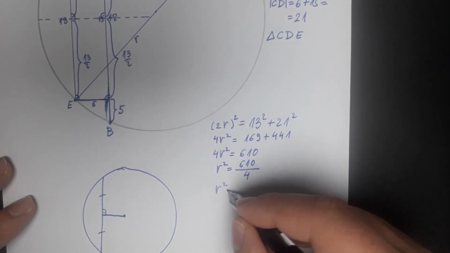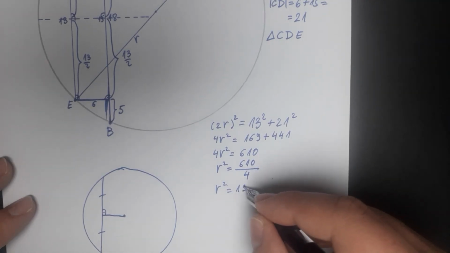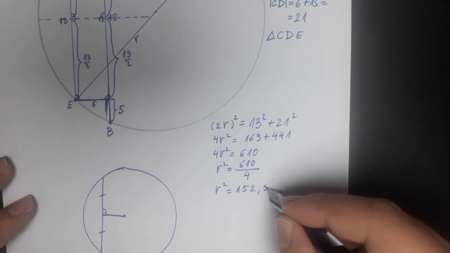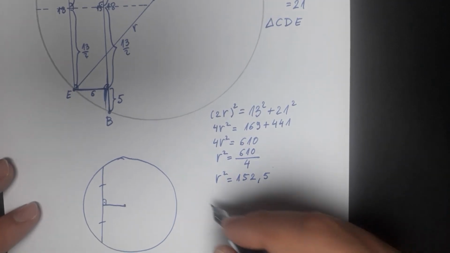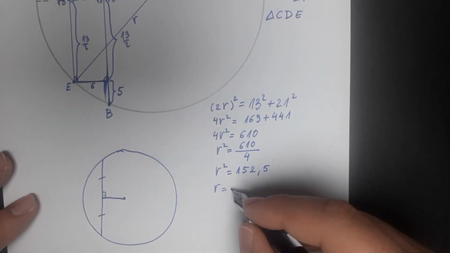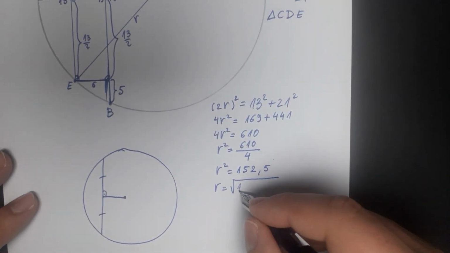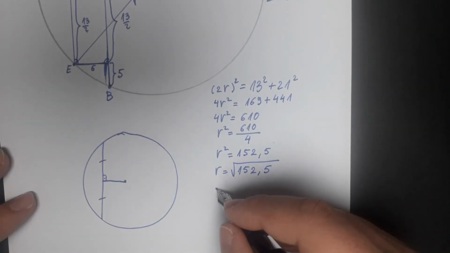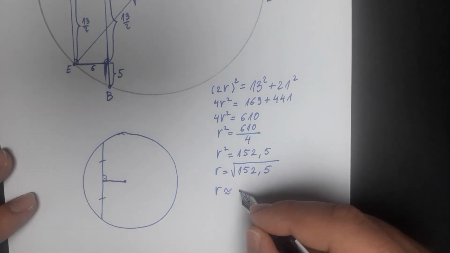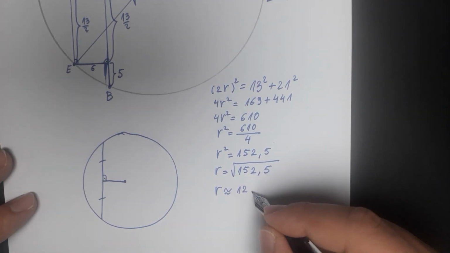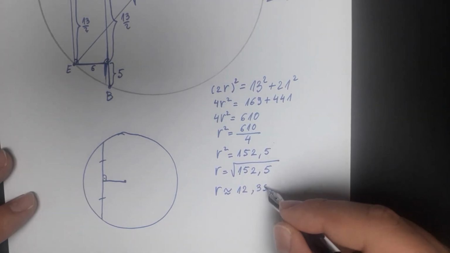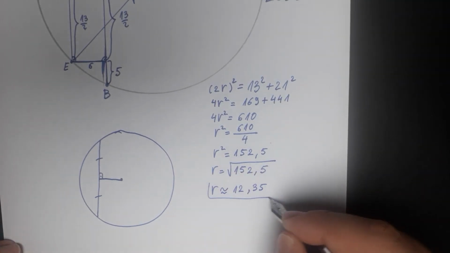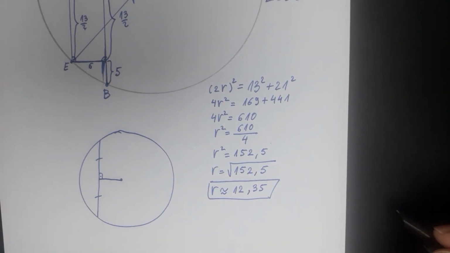That is going to give us the result of 152.5. The r now has the value of a square root of 152.5, and the radius is approximately of the length of 12.35. And this is the final answer to our problem.